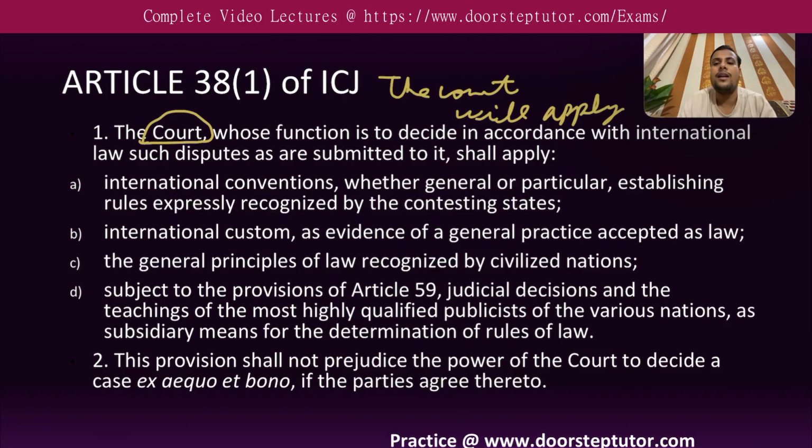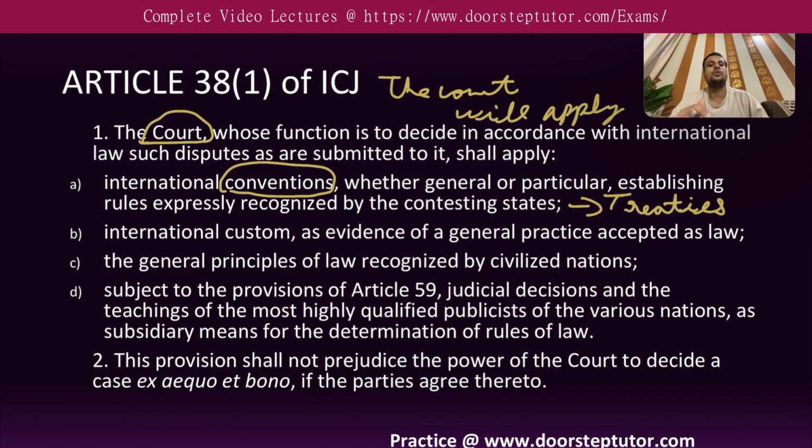So these are nothing but the treaties. Okay, so these conventions are the treaties, by which different countries enter into different agreements. So treaties are the first source of international law on the basis of Article 38 clause 1 of the ICJ.